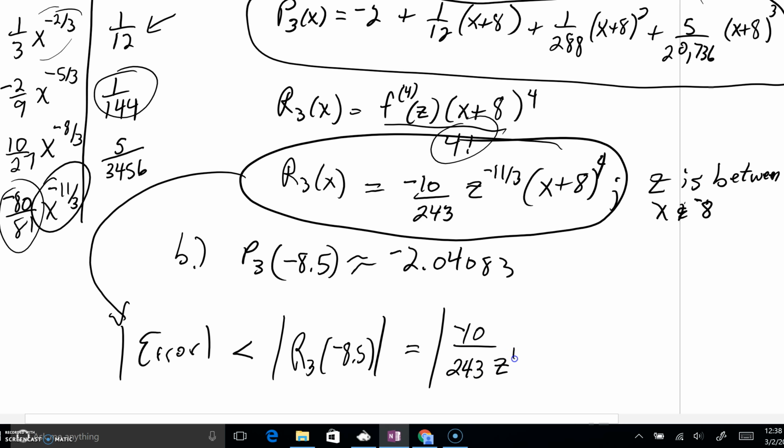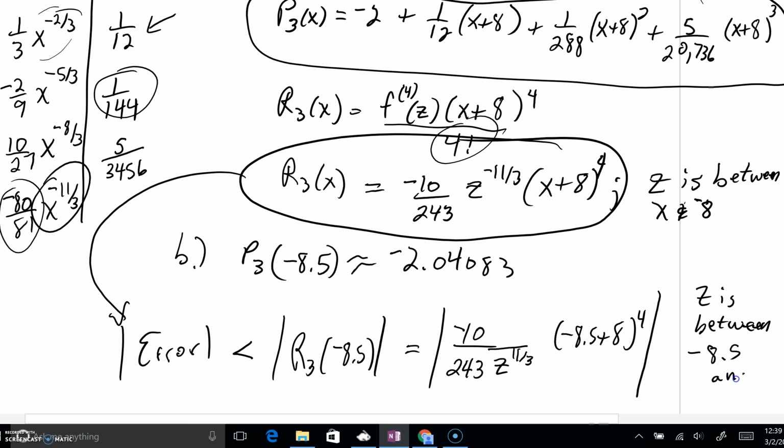I'm going to bring that z to the 11/3 down. And then we'll have negative 8.5 plus 8, and we're raising it up to the 4th. But z is between negative 8.5 and negative 8.